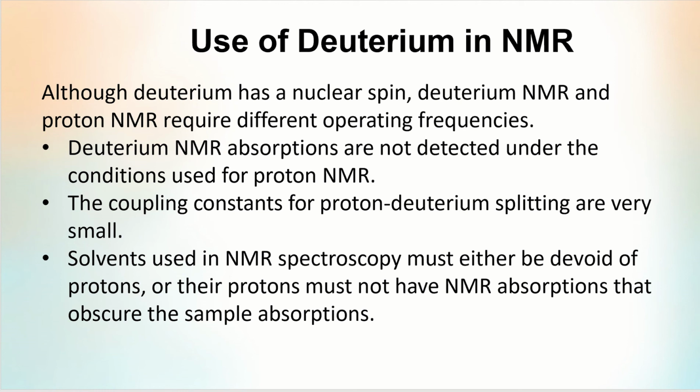The coupling constants for proton-deuterium splitting are very small, and so solvents used in NMR spectroscopy must either be devoid of protons, or their protons must not have NMR absorptions that obscure the sample absorptions.